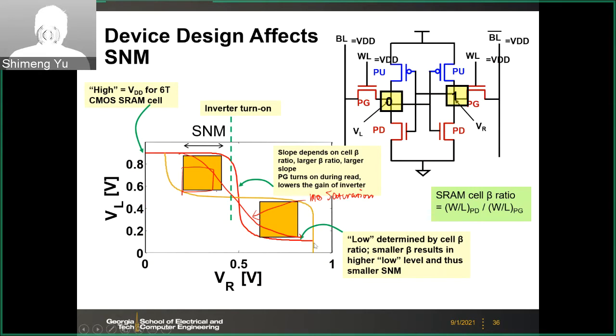And then here the low level of the voltage, again, is determined by the beta ratio. So the beta ratio is very important to determine the shape of the butterfly curve during the read operation, and eventually, it will determine the static noise margin for the read.